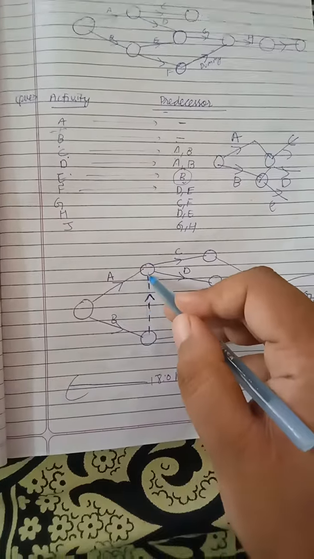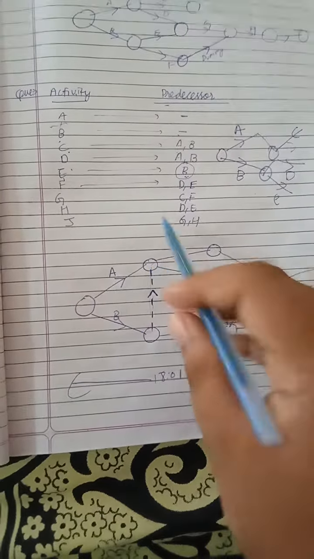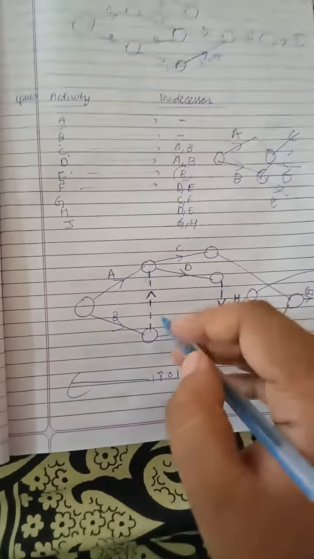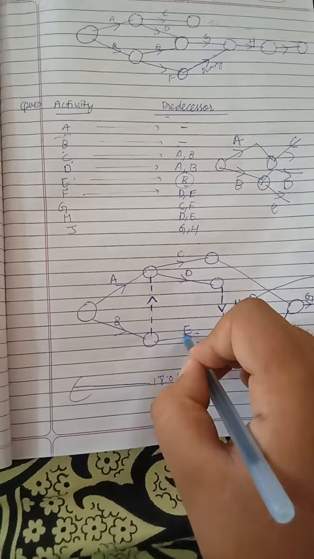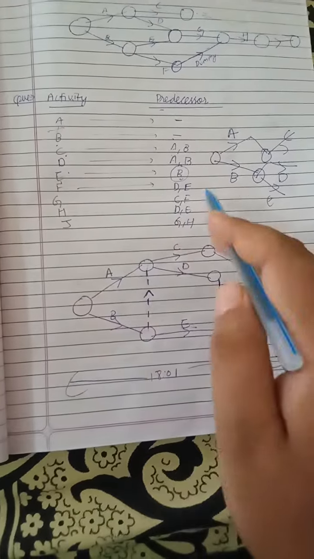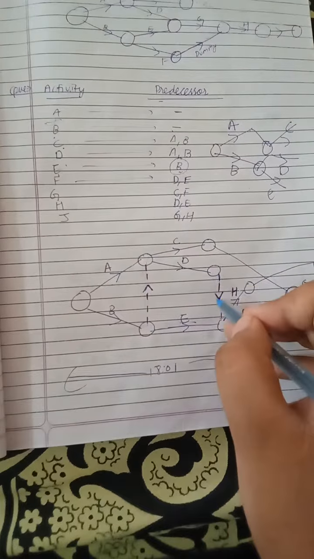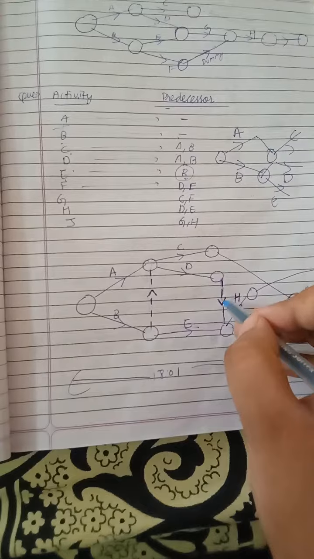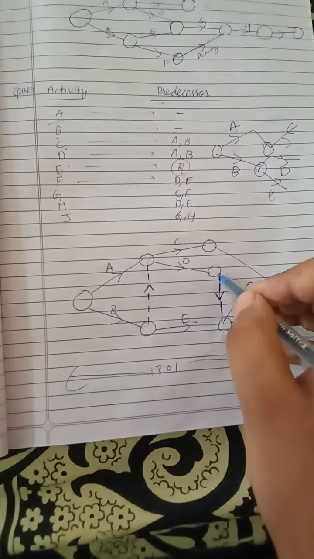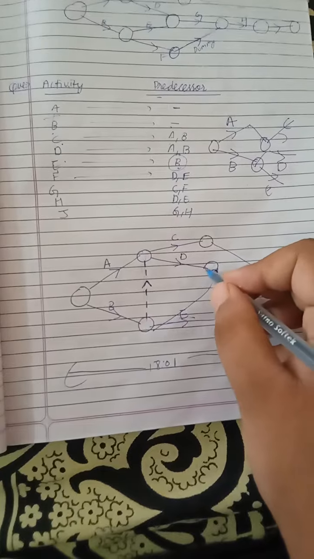We can use a dummy activity here. C, D start after A, B. And E starts only after B. So yes, this condition is also satisfied. And F starts after D and E, so use a dummy activity or a full activity. Don't worry, use a full activity, or you can use it like this.